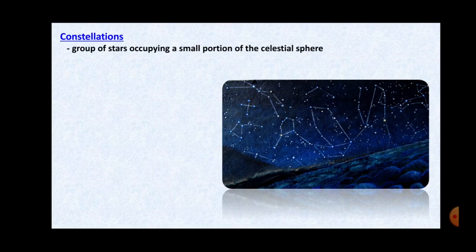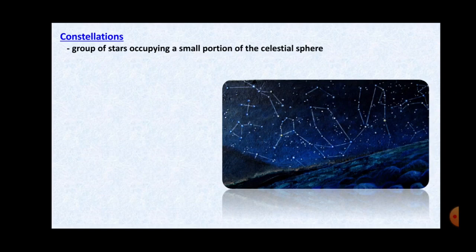And these group of stars, they form certain figures of animals, of humans or objects. And these figures, they are named after certain events, or there are certain beliefs of that times when these constellations were identified. And thus there are 88 constellations as per the Western observers.